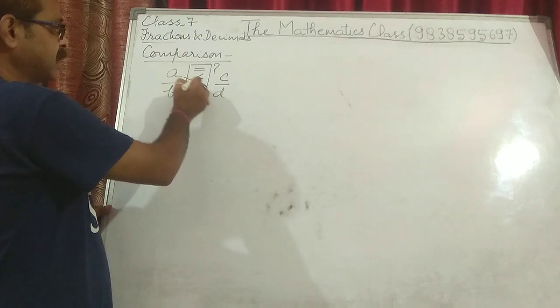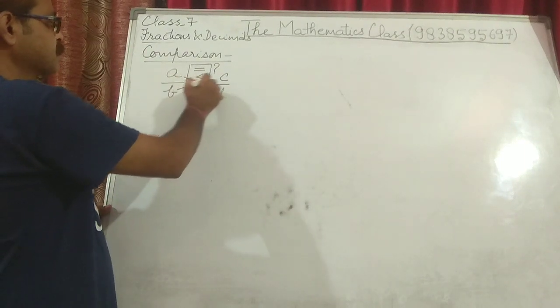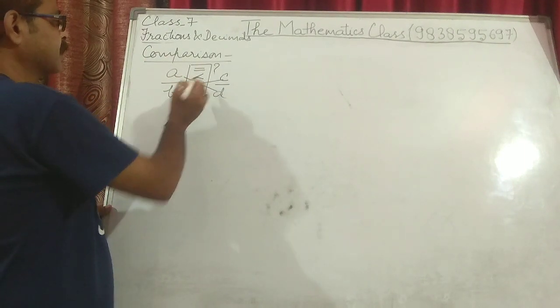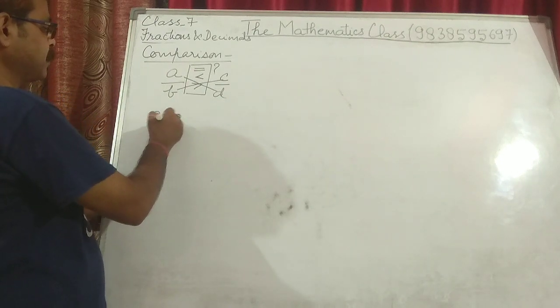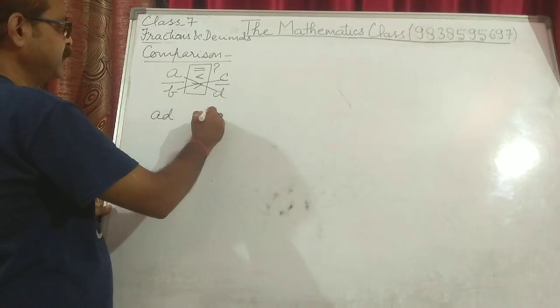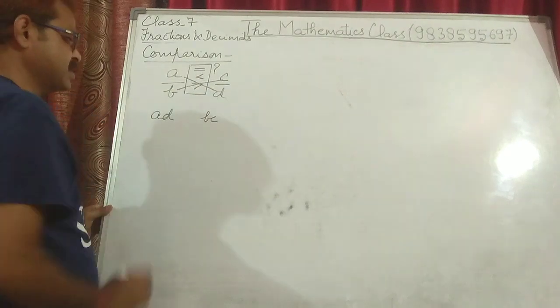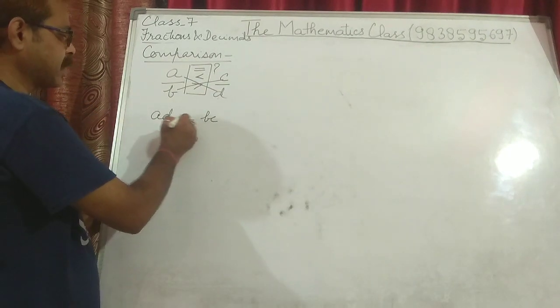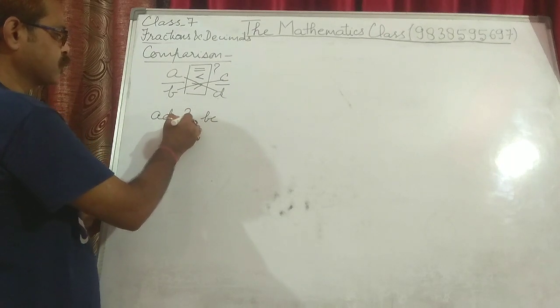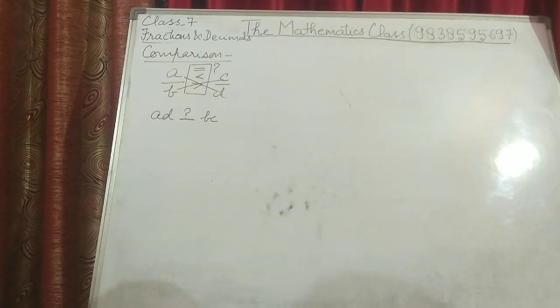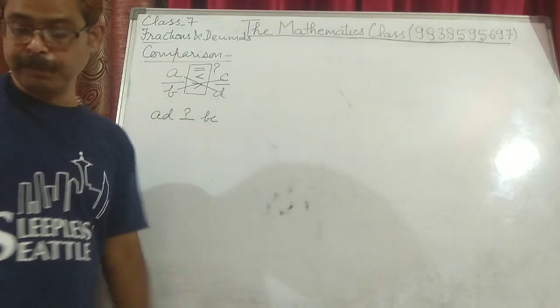Means a is multiplied to d and b is multiplied to c. So it will become AD and BC. And then we can easily make out which number is bigger, smaller or equal.